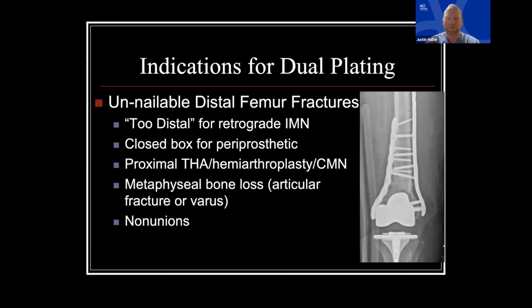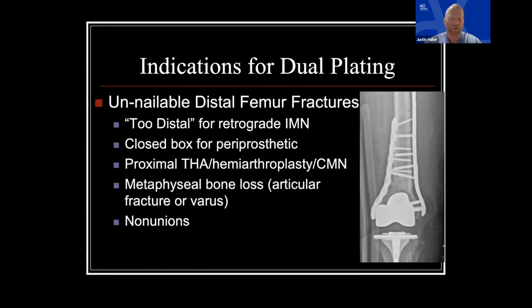Indications for dual plating, at least for me, and I'll certainly offer up my bias, are that I think dual plating can be a great option for distal femur fractures, particularly geriatric distal femur fractures. These might be stretching the indications for some people, but I tried to be conservative. So, too distal for a retrograde nail. John brought this up, and I think everybody's got a slightly different opinion about what's too distal.